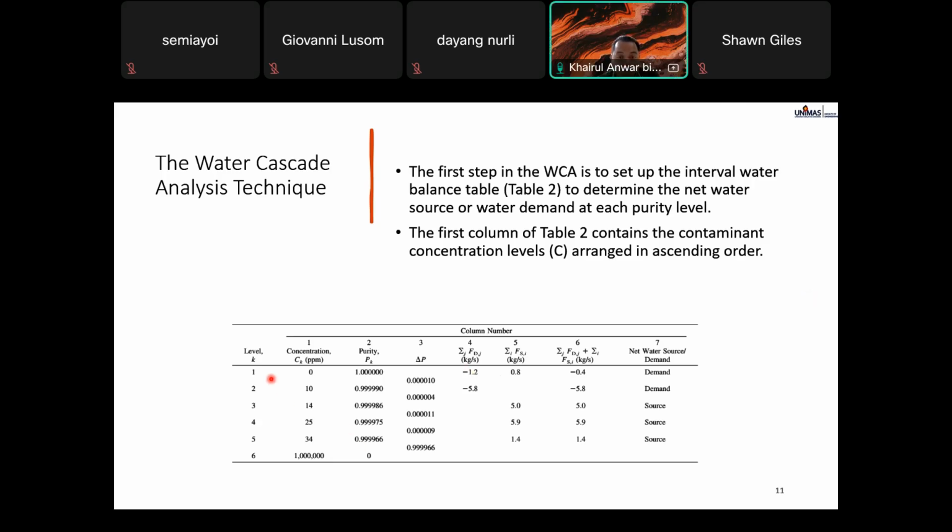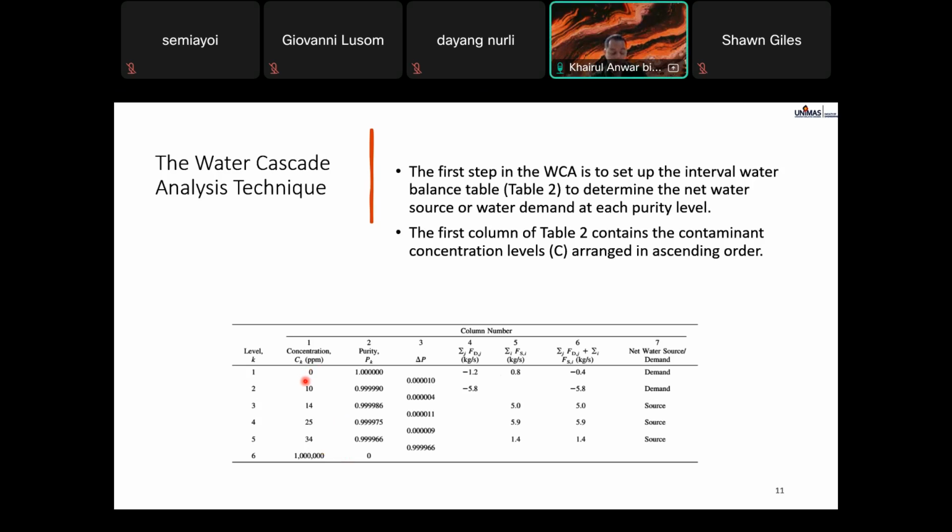Then from the six sources, we arrange them in ascending order from 0. If you see the table, the concentration starts from 0 until 34 ppm. For 0 ppm especially, there are two streams, either the BFW, the water demand, or the water source from the distillation bottom.